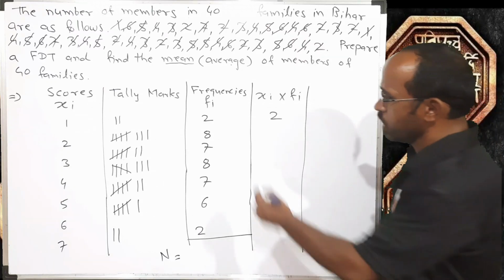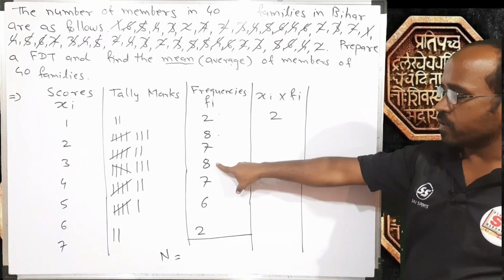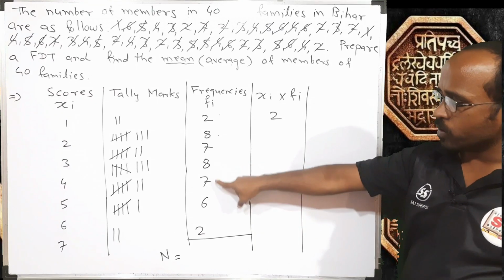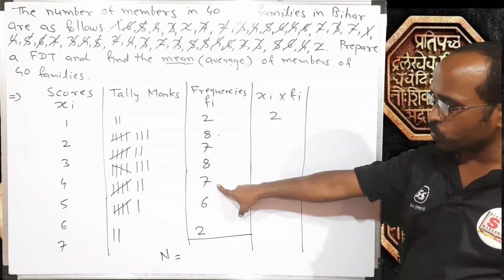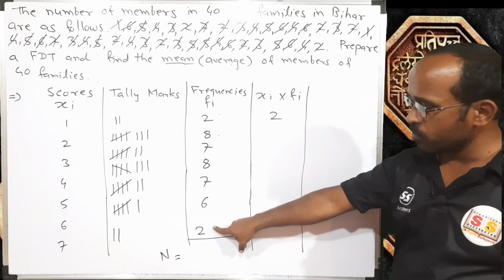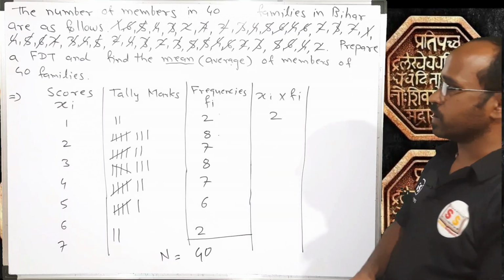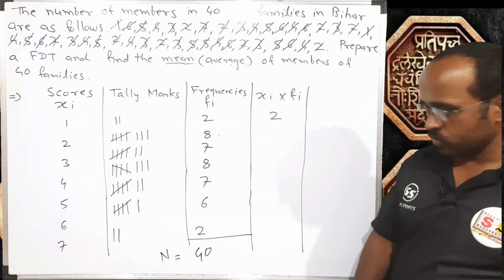So let us see. 2 plus 8, 10, 10 plus 7, 17, plus 8, 25, plus 7, 32, plus 6, 38, plus 2, 40. So I have not made any kind of mistake in noting down all the 40 scores.